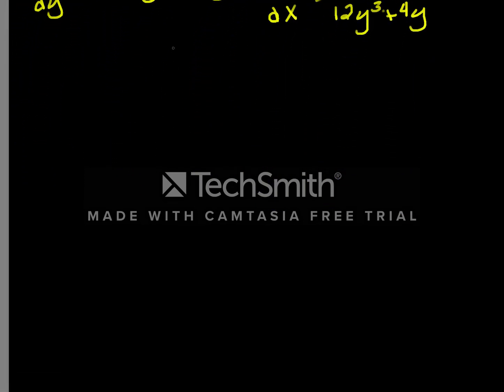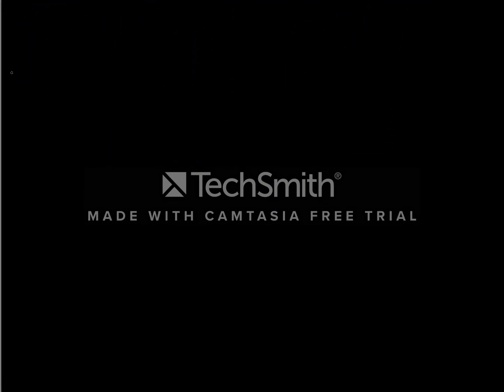Another example would be x is equal to, let's say, y plus 2 root y. And just like in the last problem, I want to know what not dx/dy is, but what dy/dx is.